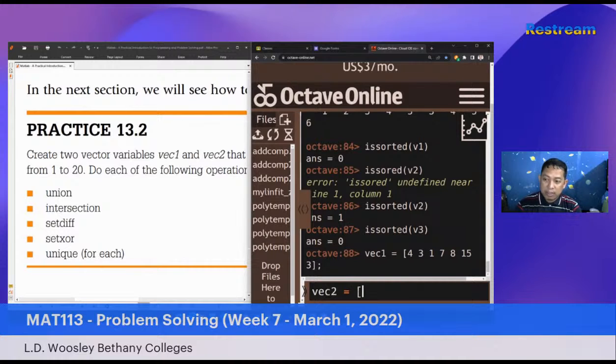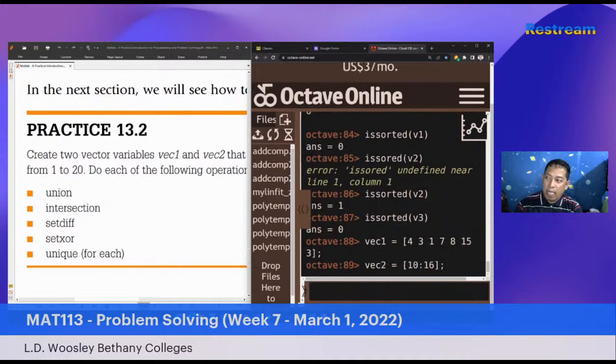Perhaps I could just arrange this from 3 to, or say, 10 to 16. All right. So from there, can we find the union of vec1 and vec2?